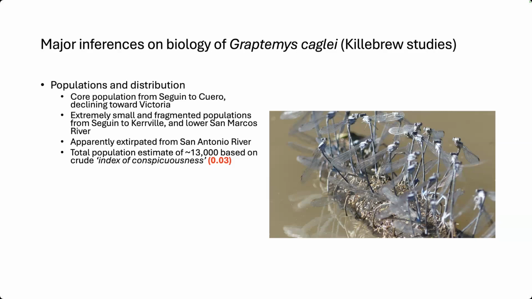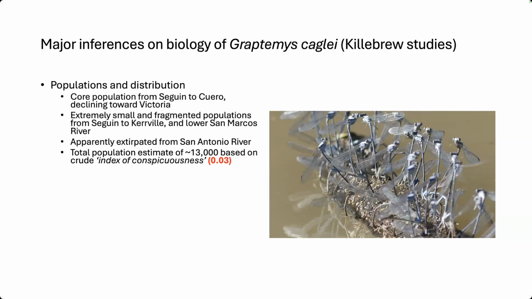Essentially, how they obtained this index of conspicuousness, which is a type of detection probability, is they had a study area of a short stretch of river, let's say about 20 kilometers, and they did a long-term recapture study on this population and determined, let's just say, for example, this isn't the exact numbers, that there were 1,000 turtles there.